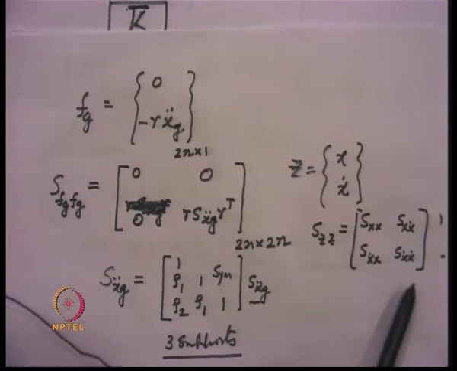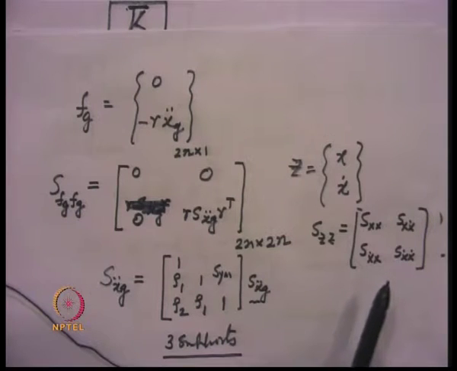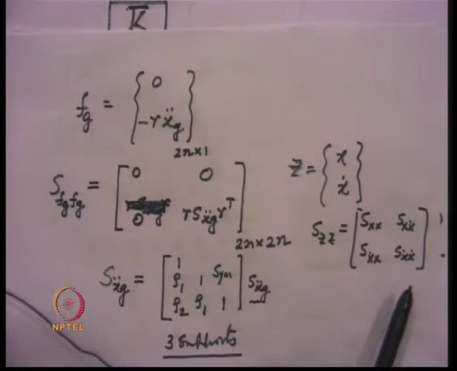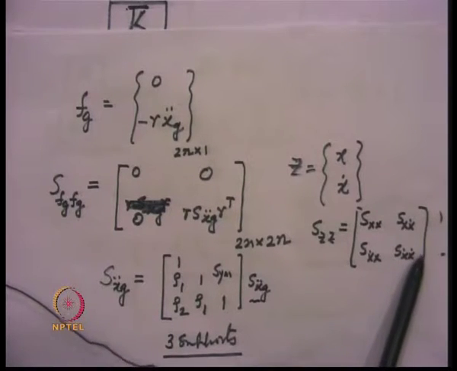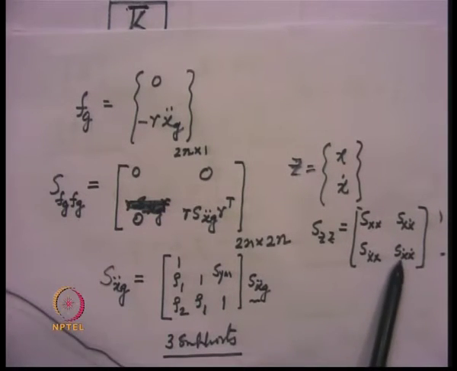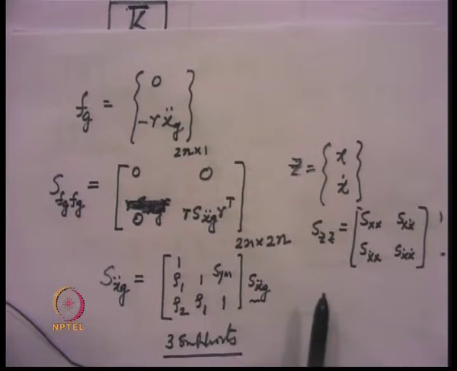And if we want to know the power spectral density function of velocity, then we can select the appropriate terms from this matrix.